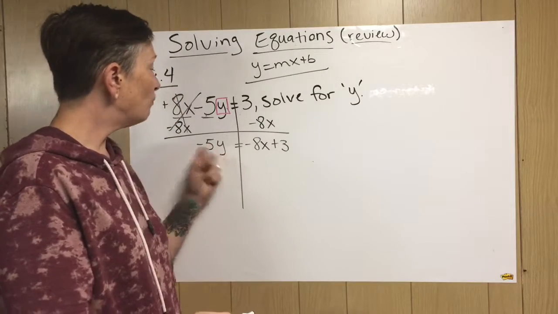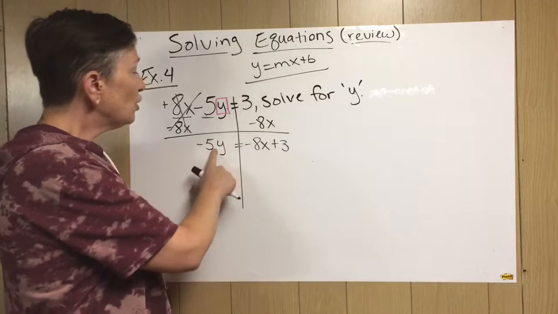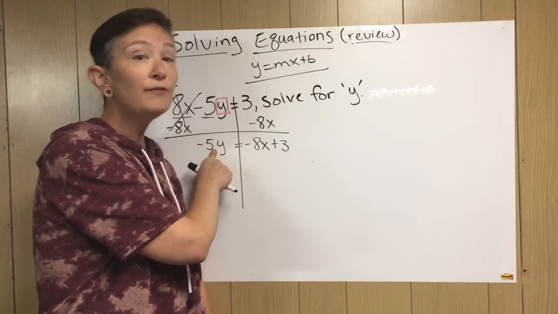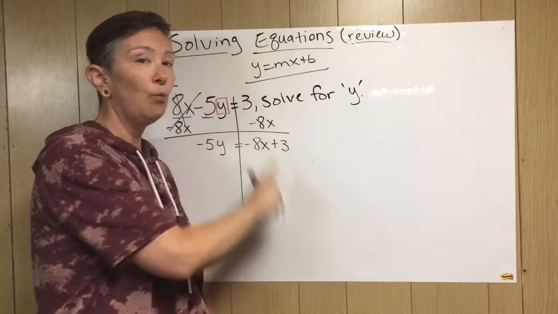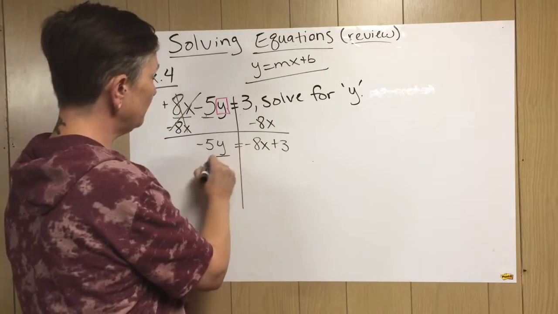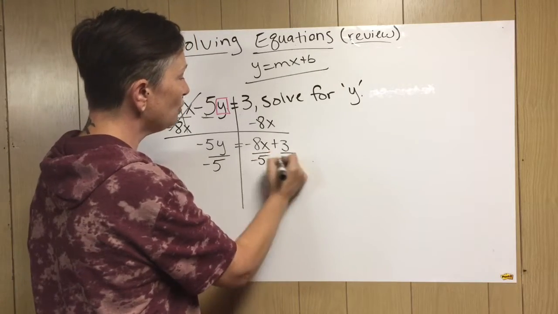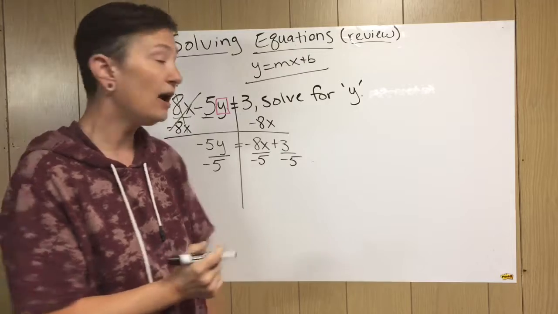Now that I've got my negative 5y, I need to get rid of the negative 5. Notice that the negative does go with the 5, but that's being multiplied by y. So please don't think you have to add that, because really you want to divide it. So I'm going to divide each term by negative 5.